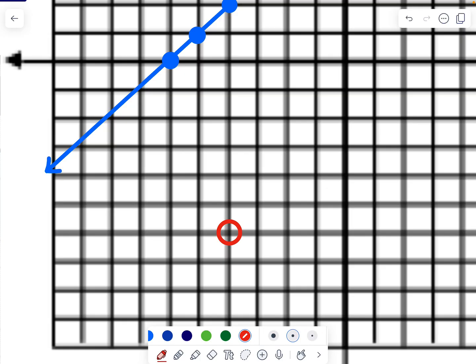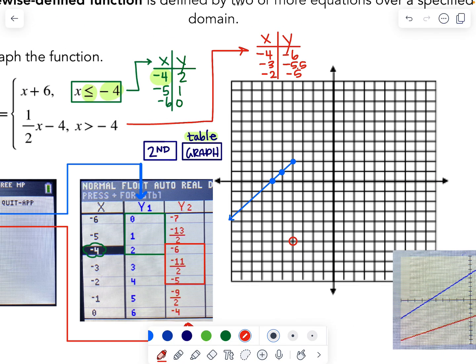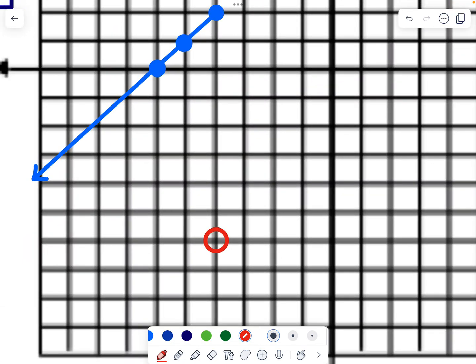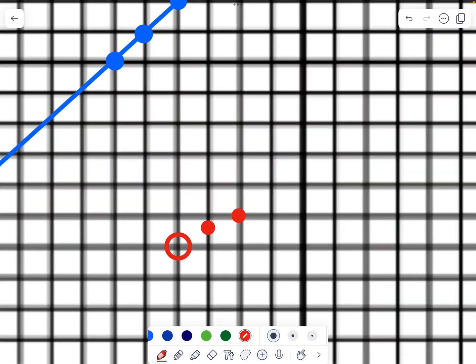Then I'm going to just plot some other points. So we had negative 3, negative 5.5, and negative 2, negative 5.